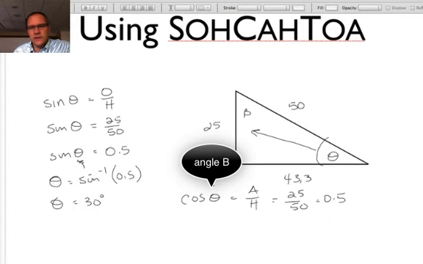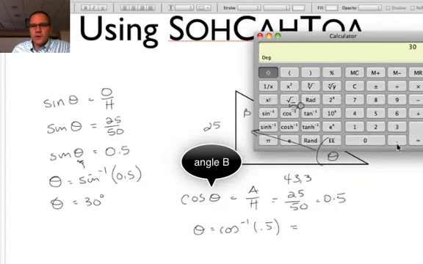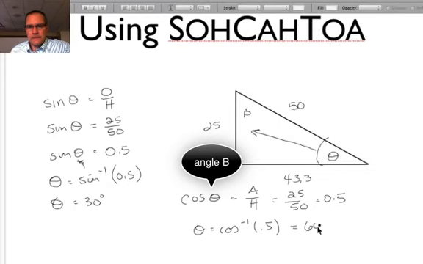Notice here that, wait a minute, I have 0.5 and 0.5, but I'm using a different function, so I should get a different angle. So my angle is equal to the cosine minus 1 of 0.5, and when I do that on the calculator, if I put 0.5 in, except this time I'm going to use the inverse function of cosine, I get 60 degrees, which is right what I wanted. So that confirmed what we had just done.